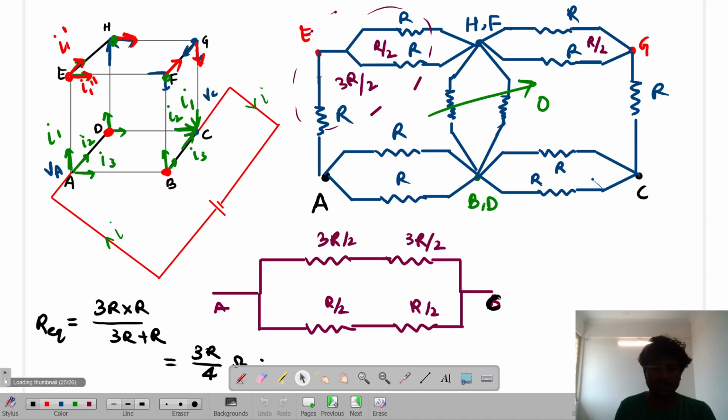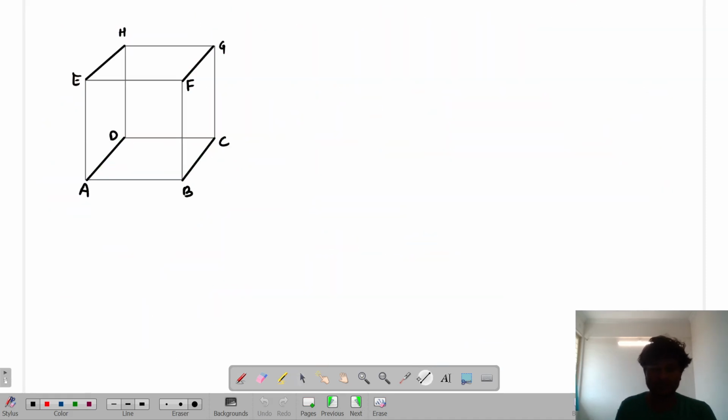I told you the last one was to find between A and B directly. Just A and B. Let's connect this with the battery. Got it?